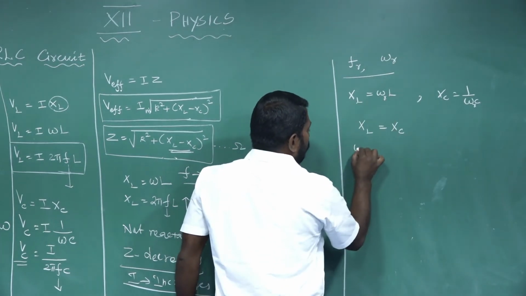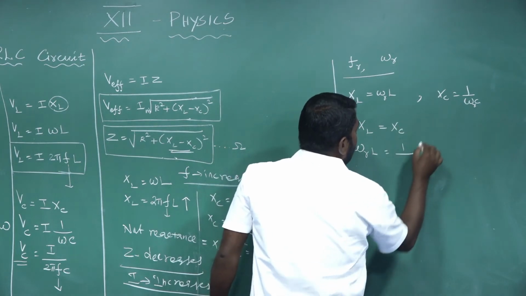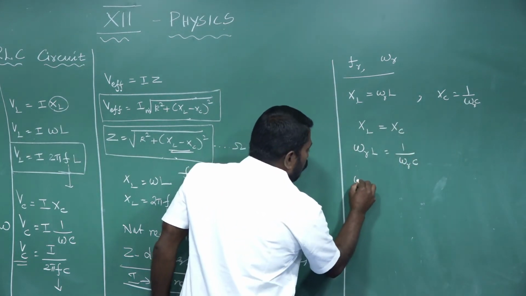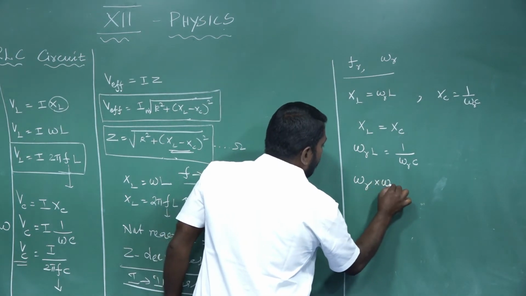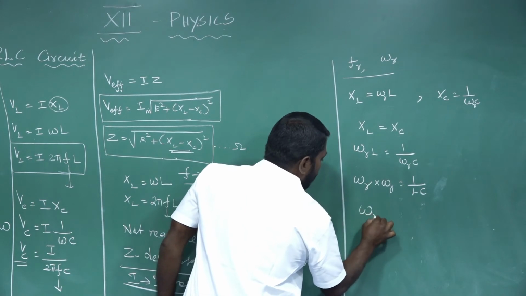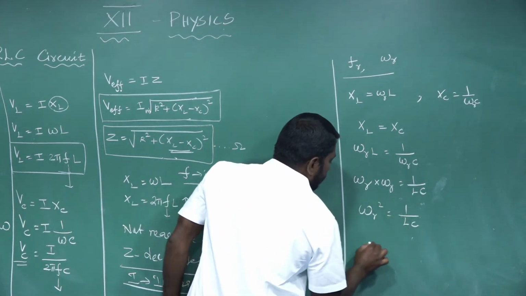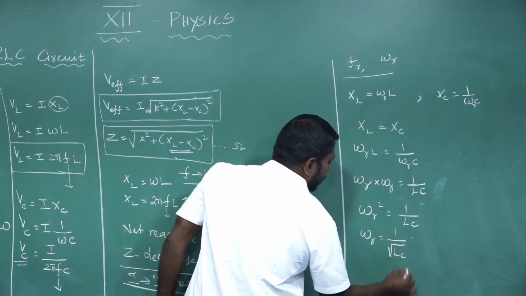Then omega r L is equal to 1 divided by omega r C. Then omega r squared is equal to 1 divided by LC. Then omega r is equal to 1 divided by root LC.